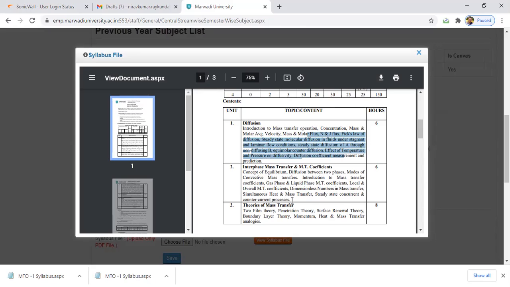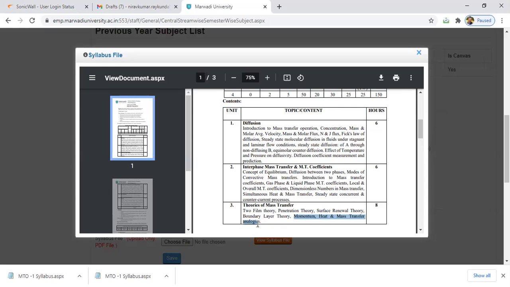Now, instead of going to the big chapter number 2, interface and mass transfer coefficient, we will first finish the theories of mass transfer. We will finish film theory, penetration theory, surface renewal theory, and boundary layer theory first, then we go for chapter number 2, and after chapter number 2 we'll finish heat, momentum and mass transfer analogy.